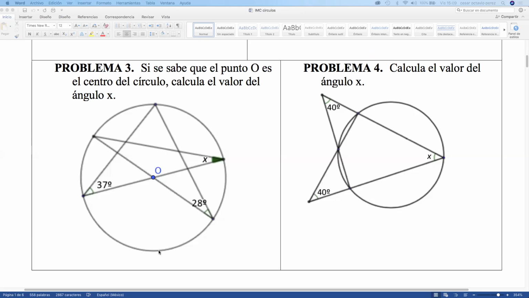Describe. So this is the section, so this arc is 56. This will be 74.